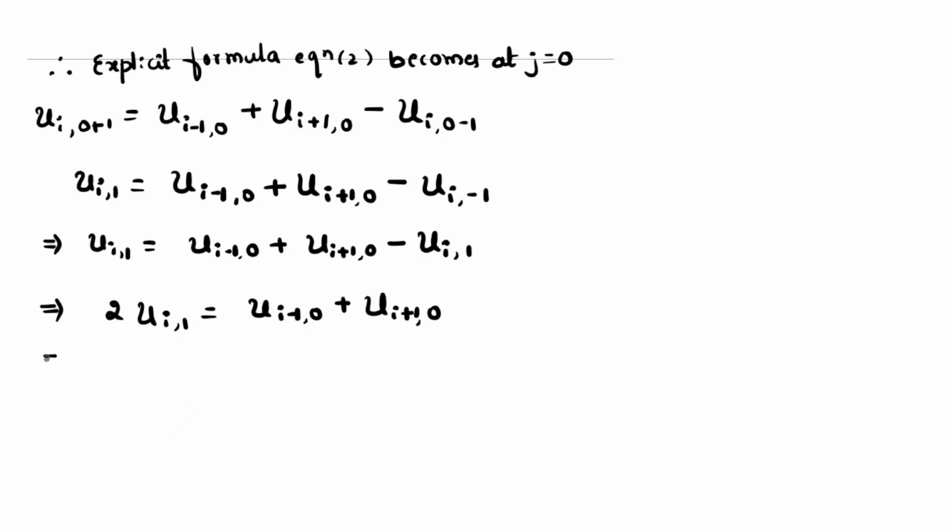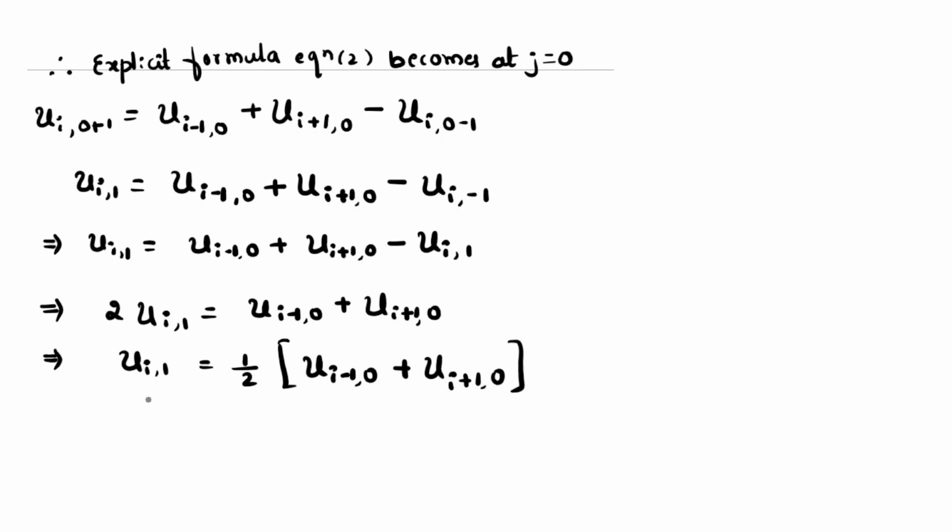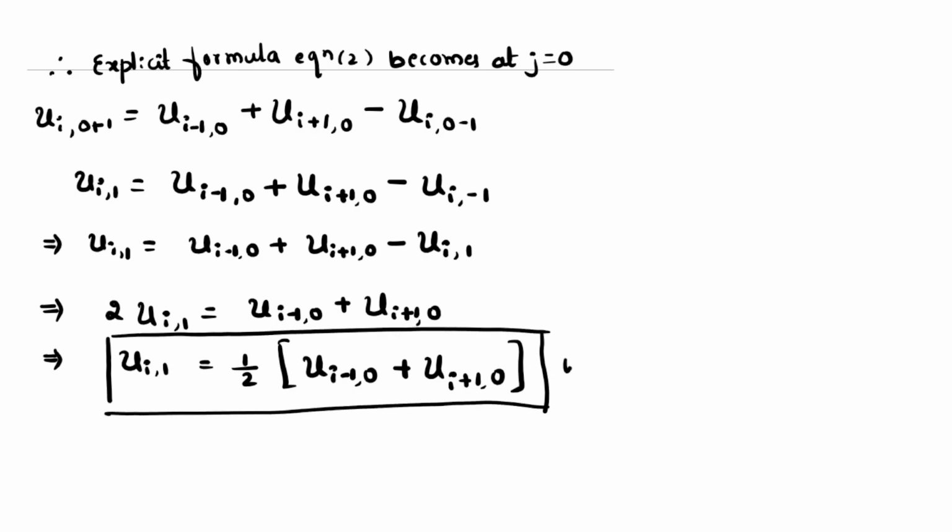What it implies? u(i, 1) is equal to 1/2 [u(i−1, 0) plus u(i+1, 0)]. Call this equation 3.